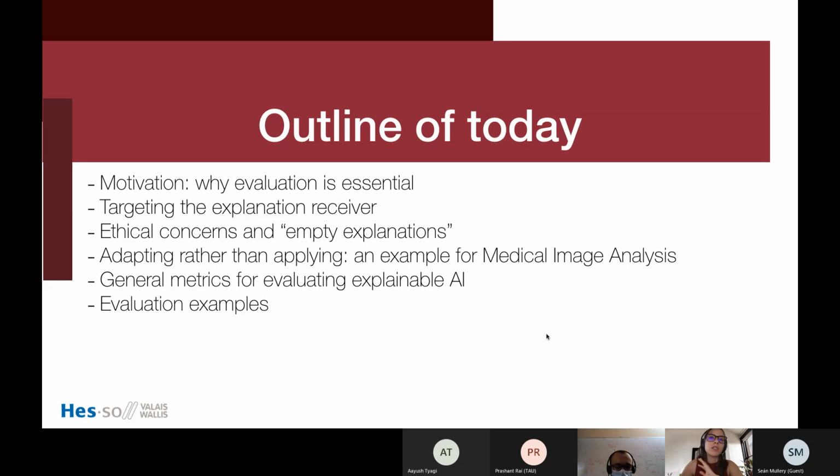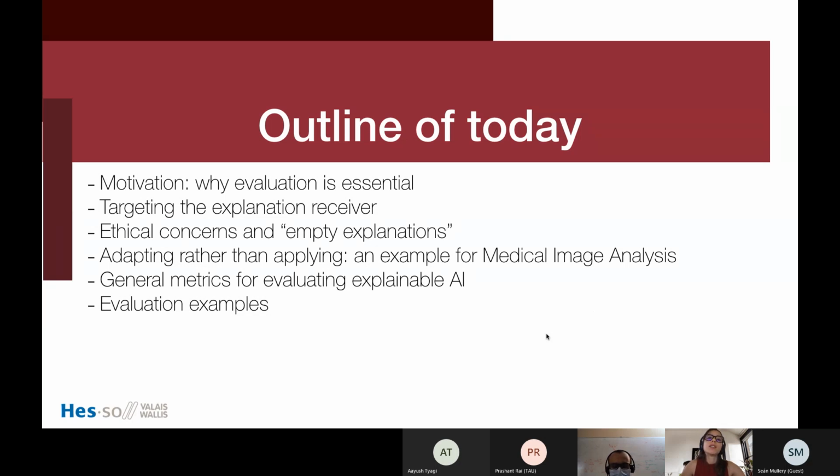They're not developers, so there might be more considerations to take into account. Then I will also have a quick discussion about some ethical concerns and the generation of empty explanations. This is related to understanding how our human brain works. I won't go too deep into this, but I think it's still important to see the risks that can be connected to generating explanations.